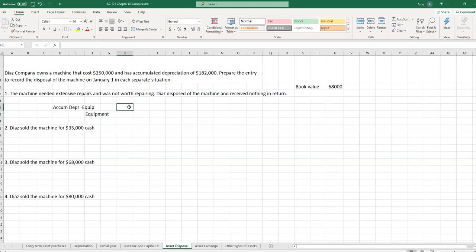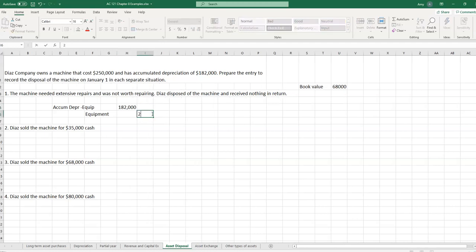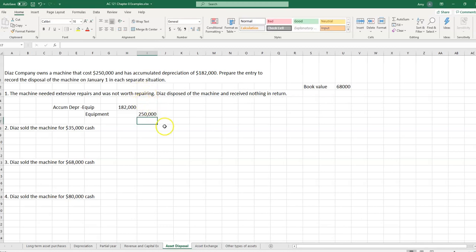We need to remove the $182,000 of accumulated depreciation and the $250,000 historic cost of the equipment. We need one more debit to balance our equation of this $68,000 difference. Because we received nothing at its disposal, this is a loss of $68,000. So we would record a loss on disposal.